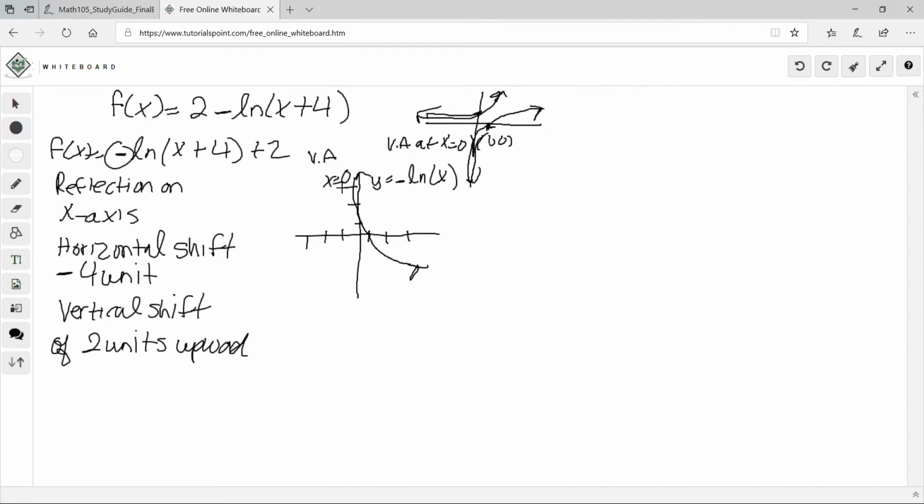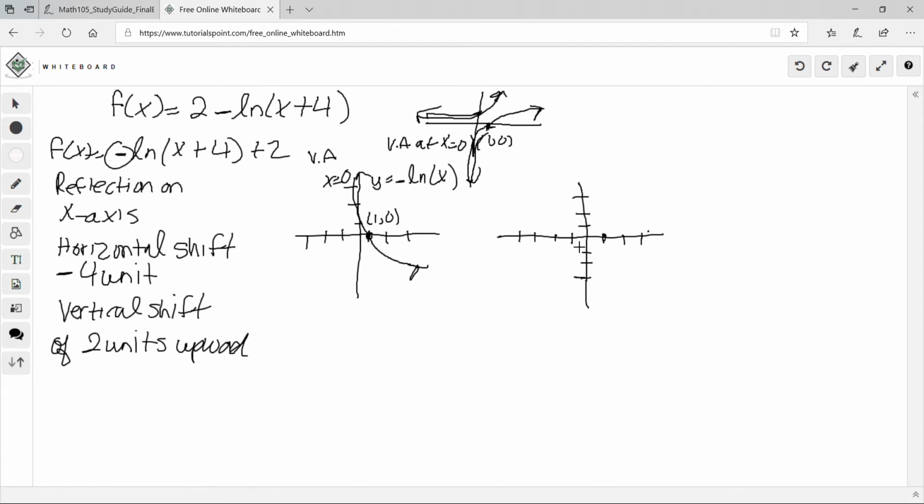Now I'm going to plot the horizontal shift. I'm going to do 1, 2, 3, 4. So we're going to move this point 1, 0 to 4 units to the left.